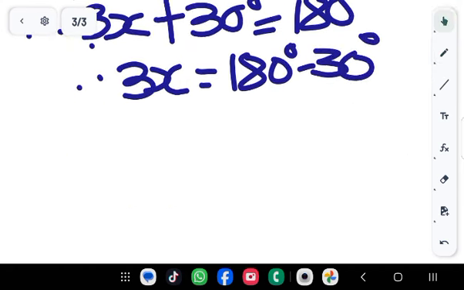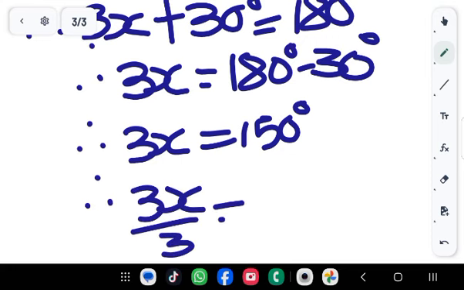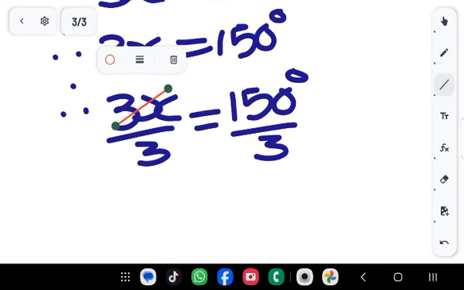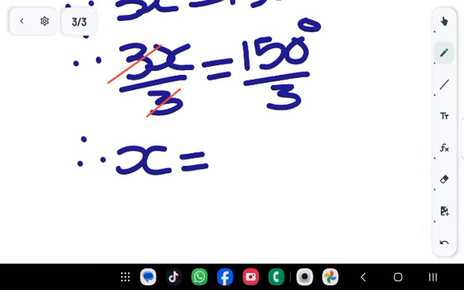That leaves us with 3x equals 150 degrees. Now we divide both sides by 3 because we are solving for x. The 3's cancel out, and x equals 150 degrees divided by 3, which gives us 50 degrees. That is what x is.